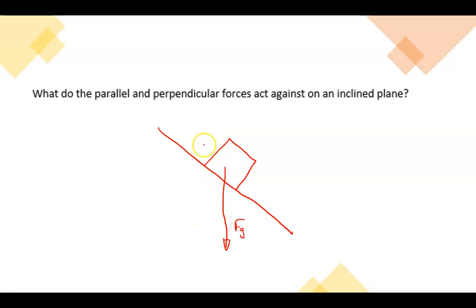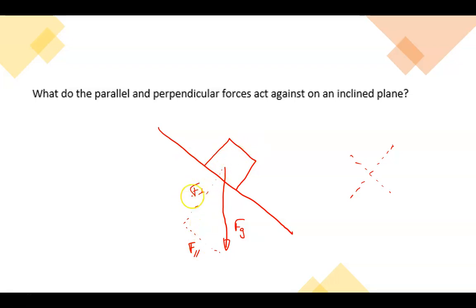Now, if we set our axes along the plane, rather than the normal vertical, horizontal XY, we can break gravity up into two pieces, where this force runs parallel to the surface, and this force runs perpendicular to the surface.